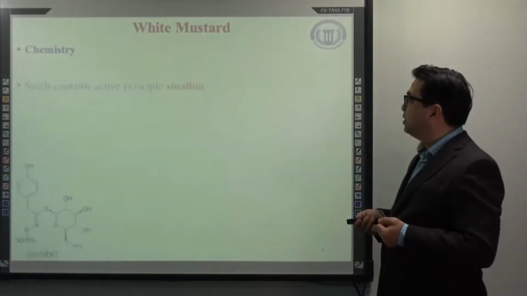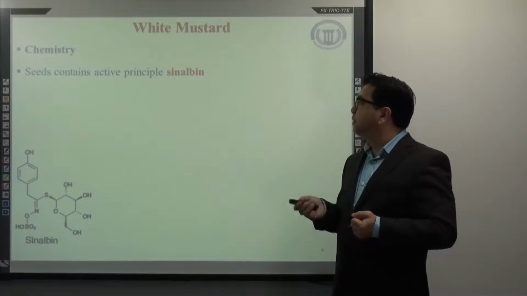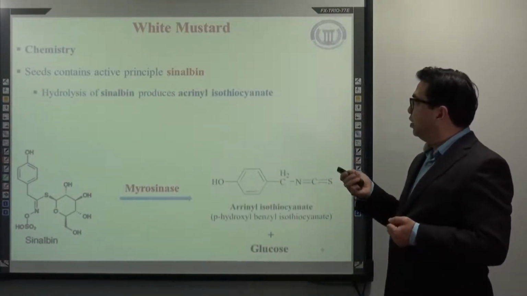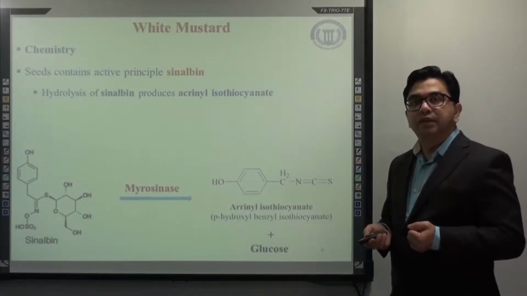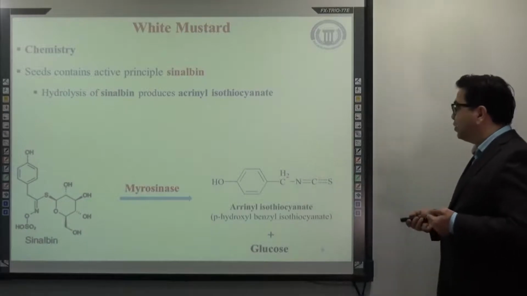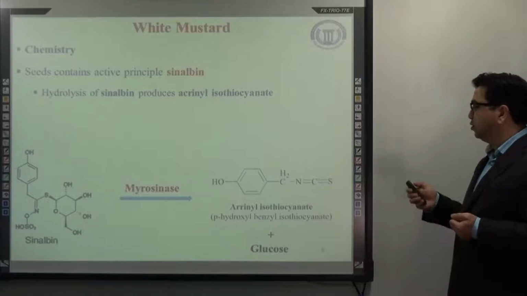Now talking about chemistry, the seeds of white mustard contain the active principle, that is sinalbin, and the hydrolysis of sinalbin produces the aglycon part of the glycoside, that is acrinyl isothiocyanate. It is the structure of acrinyl isothiocyanate plus glucose.